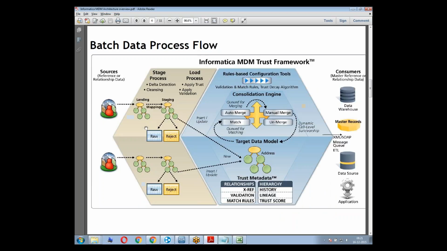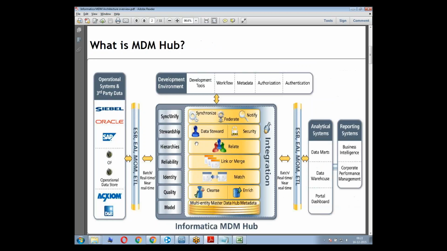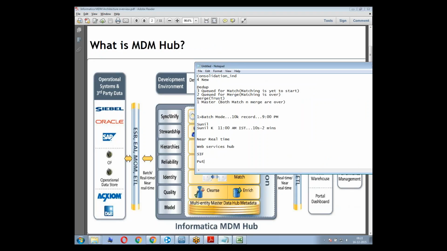For real-time mode, the architecture could be of two types. Directly, you could insert data. That's one thing. And if you want to follow this, you can, but these landing tables and staging tables that you have created will not be used, though the mapping will be used. There are two operations. There is an operation called put, a SIF API used to insert a record directly.